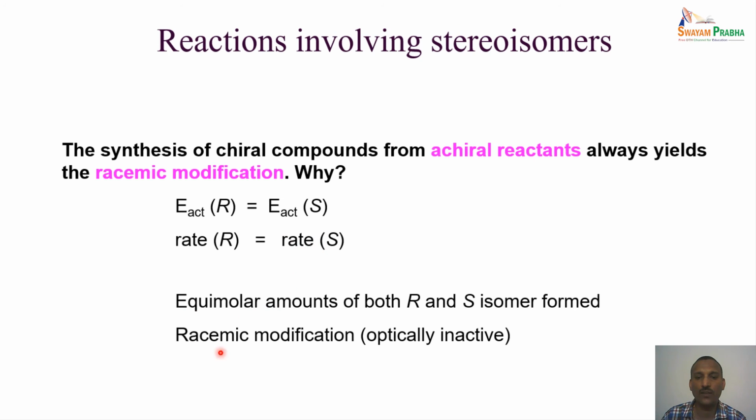That is the reason we get an optically inactive or racemic modification. So we can conclude that whenever we have an achiral starting material and the reagents and reactants are achiral, the reaction will always give racemic modification only. We cannot get any chiral compound from this reaction.